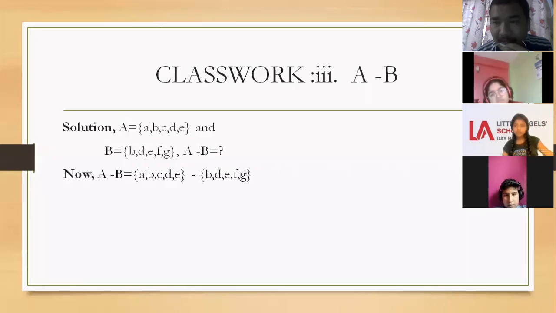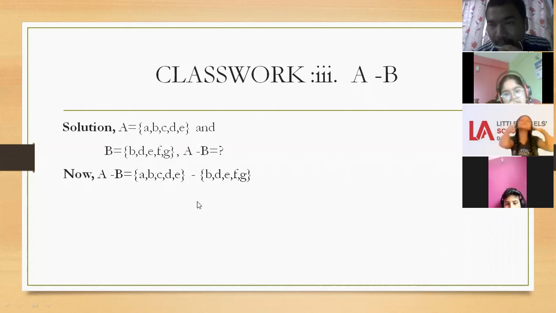Which elements are remaining in set A, Sarah? When you subtract B, D, E, what is remaining in set A, Eugene? A and C. Oh, A and C only. F, G is remaining from B. We don't write that because we are subtracting from A. We have to write the remaining elements of set A only.